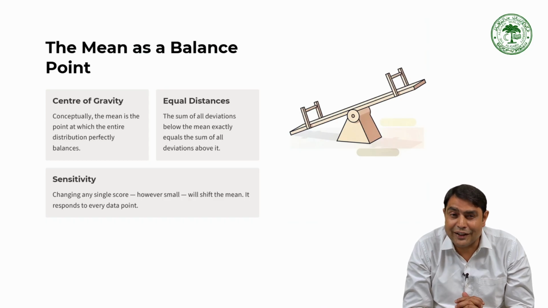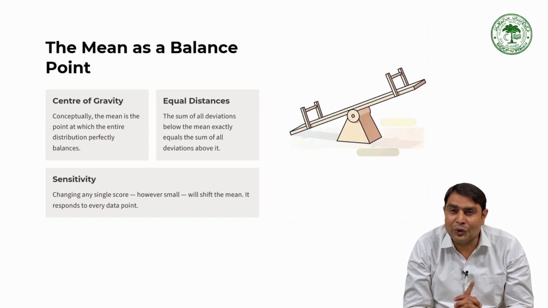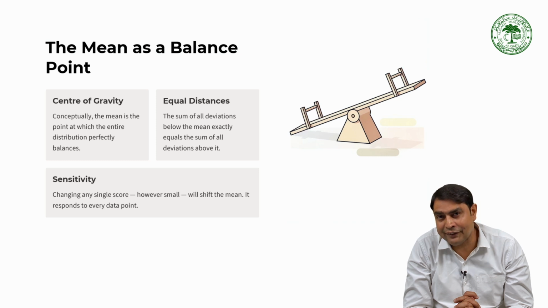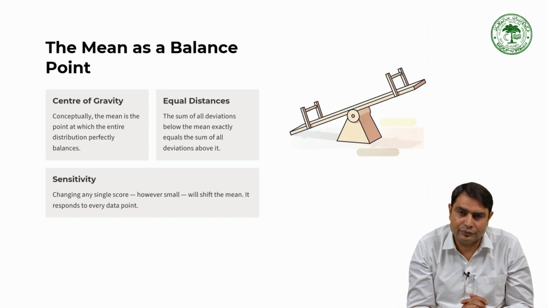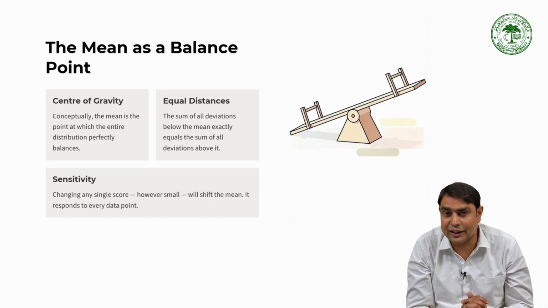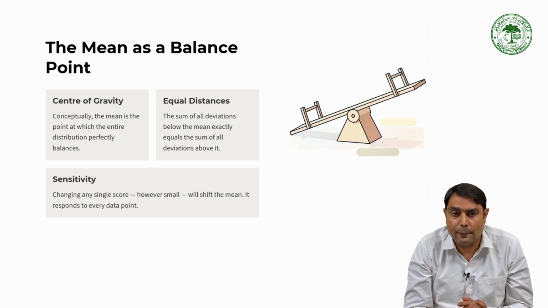So, we can also say the total deviation from the mean is 0, meaning positive values and negative values, if we add them up, they cancel out and the total difference from the mean of the entire data set is 0. And this property again plays a very important role.